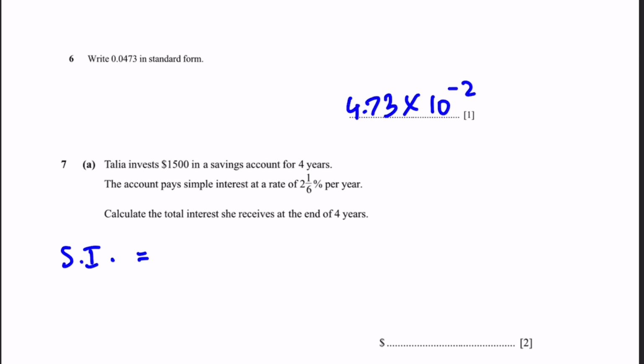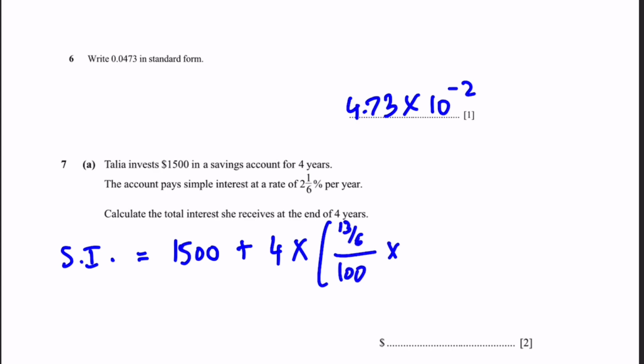We have the principal amount, which is 1,500, times the number of years, which is 4, times the percentage of simple interest, 2 1/6, which you can write as an improper fraction, 13/6, divided by 100. And this is simple interest, so we just do this and get our answer.